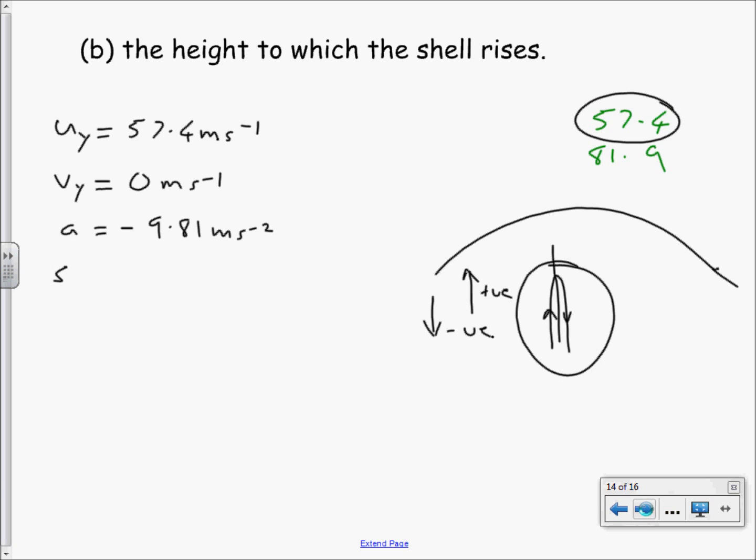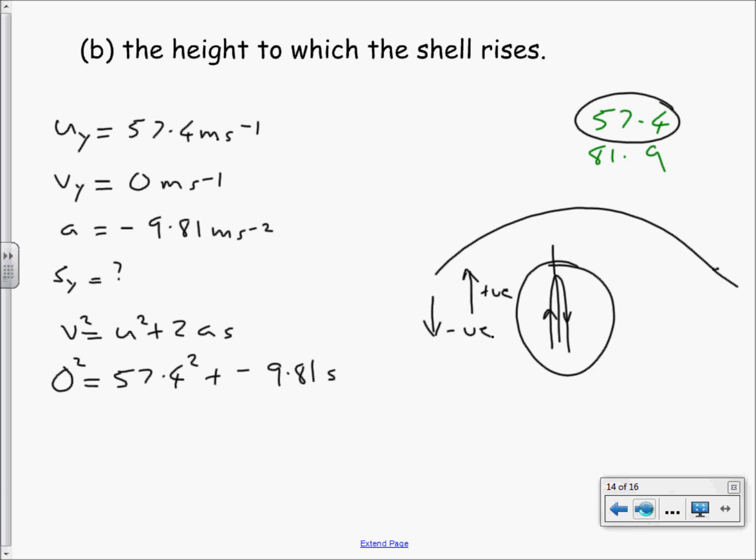S, the vertical distance to which the shell rises, which should come out to be a positive value. There's no time in this one, so we're looking at V squared equals U squared plus 2AS. So 0 squared equals 57.4 squared plus 2 times negative 9.81 S.